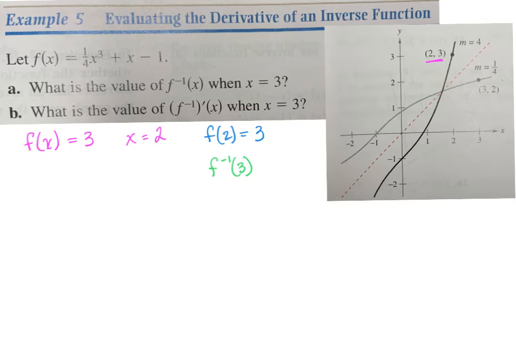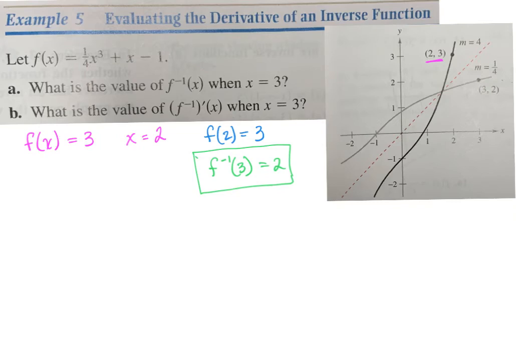So if my original x is 2 and y is 3, then for my inverse, when x is 3, y should be 2. They switch places. So that answers the very first question there. This particular function has a derivative and it has an inverse, because we can see that from the graph and from the one-to-one relationship.